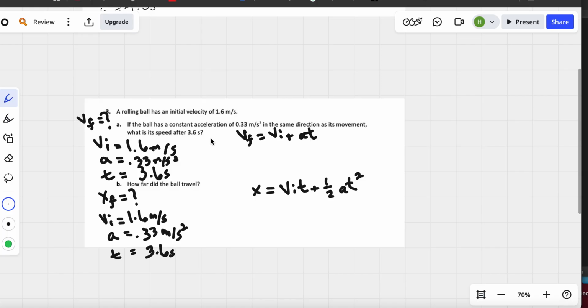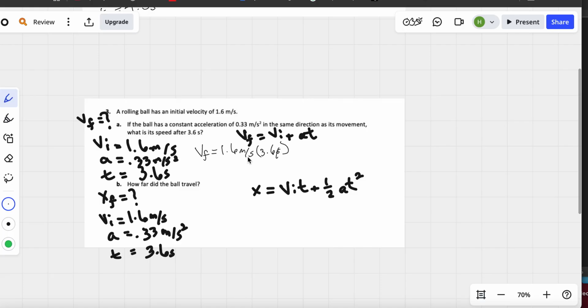What is its speed after 3.6 seconds? So here's the formula: VF equals VI plus AT, everything we've been given. So I'll start putting that stuff into the formula.